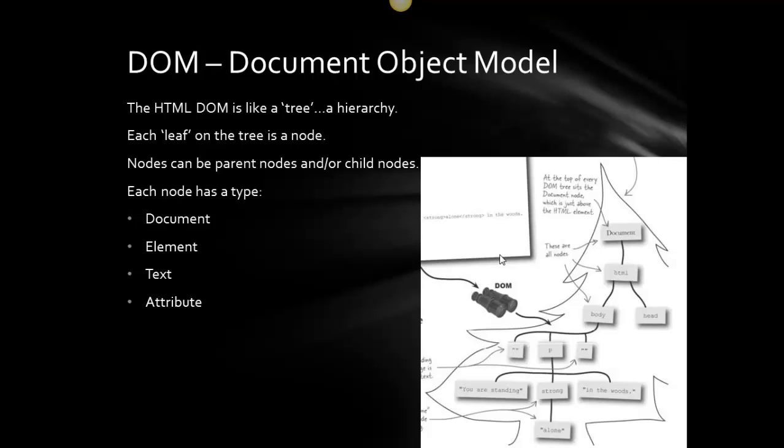And then inside of there are also the attributes. So my P tag, for example, it doesn't show it in here, but if my P tag had a class attribute on it, that's a node. That's a node type, an attribute, and we can affect that as well. So we can basically grab anything and affect anything we want on our page.